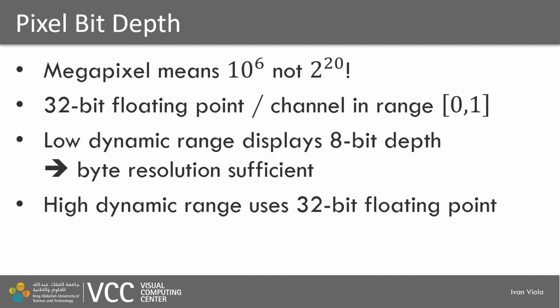The pixel bit depth, so how much memory we associate with a particular pixel value, can vary. If we are generous, we can use 32-bit floating point values, which could in principle be defined as positive real values, but often we clamp the values within a channel to the range between 0 and 1.